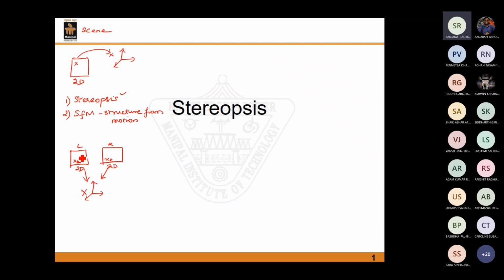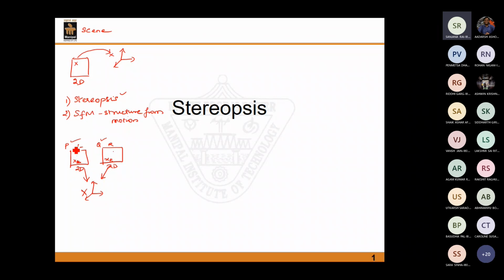Let's denote the camera parameters by P for this camera and Q for the other. What we assume is that the camera parameters P and Q are known to us, already pre-computed and determined.